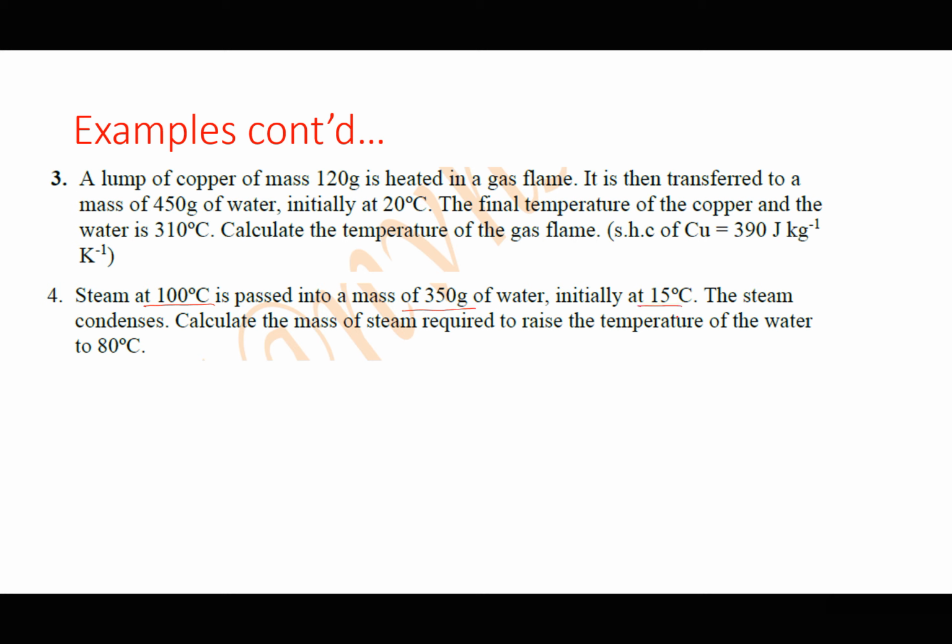So the energy lost by steam is going to be equal to the energy gained by the water. So the heat energy lost by steam should be equal to the heat energy gained by the water. That is by conservation of energy.